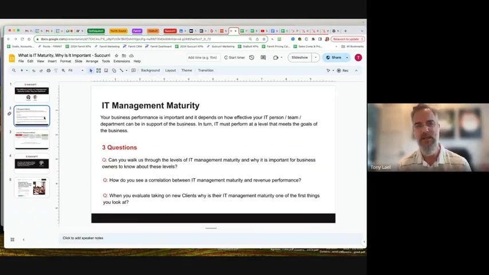The way that you manage your business shifts a little bit, and we just happen to be talking about IT. So walk us through the different maturity levels and tell us why it's important that businesses understand this stuff.